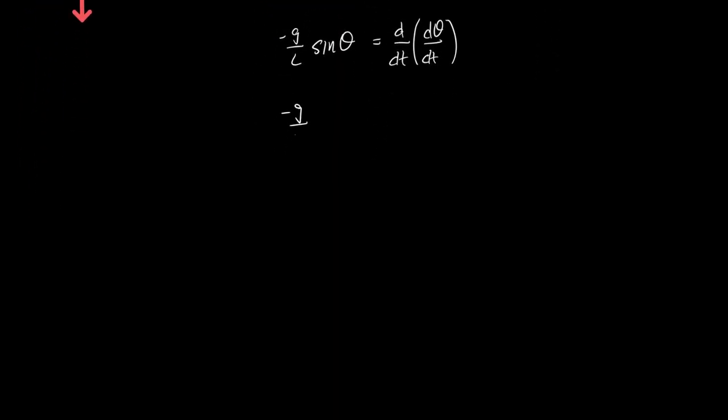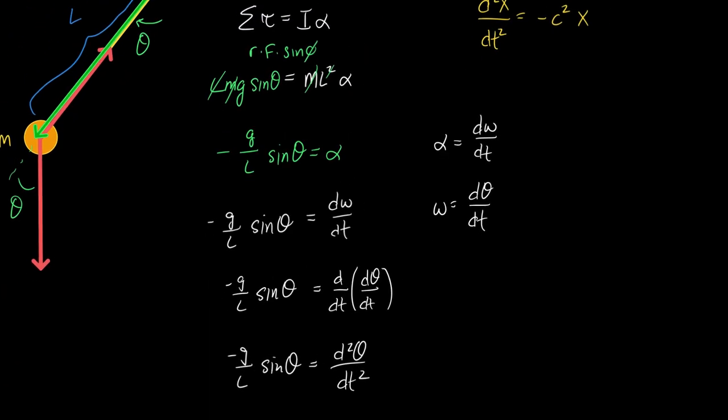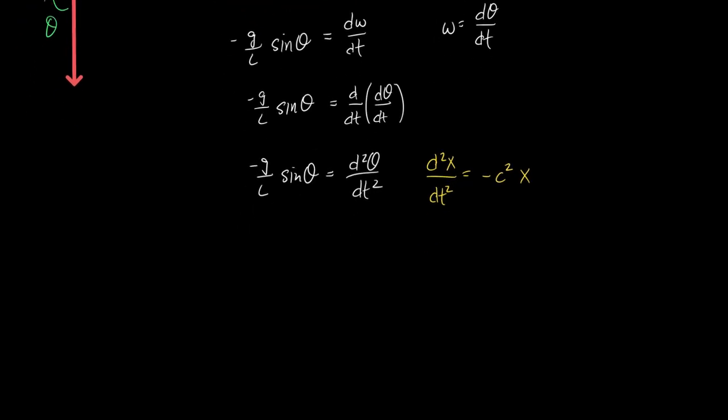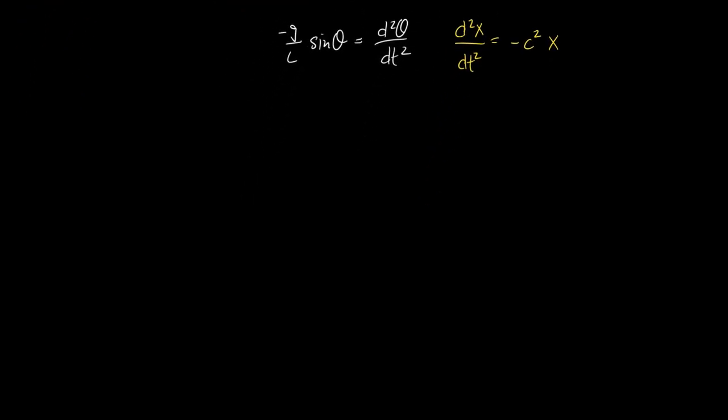Negative g over L sine theta equals d squared theta dt squared. Wow, that looks a lot like this, doesn't it? Pretty close, aren't they?